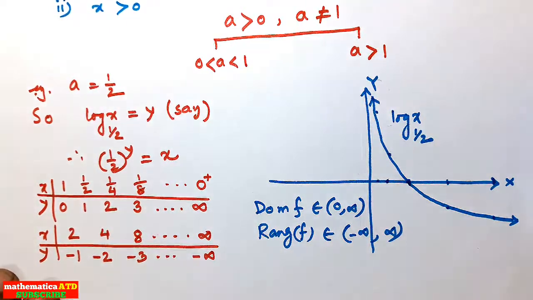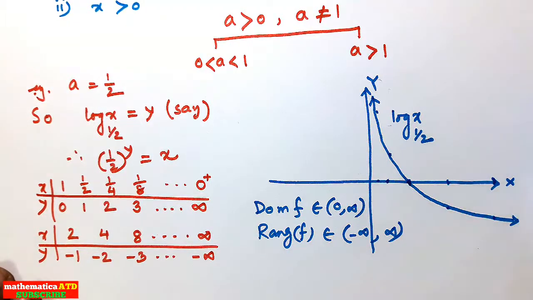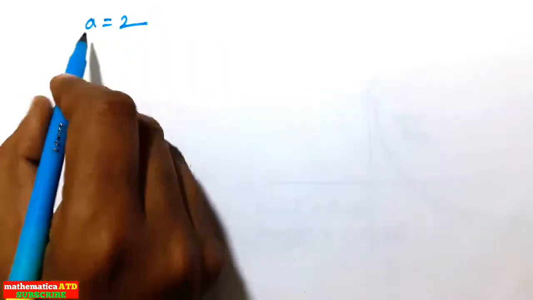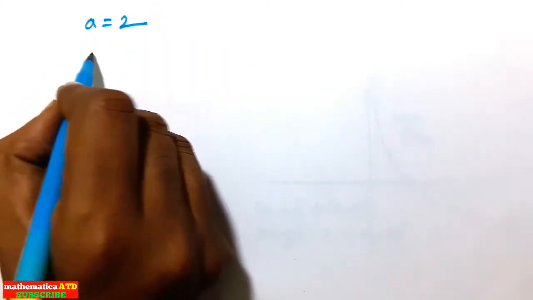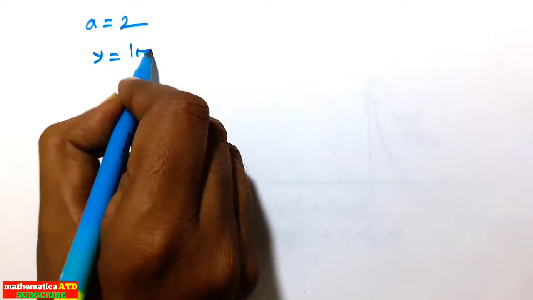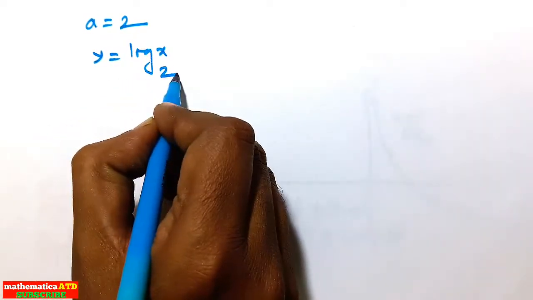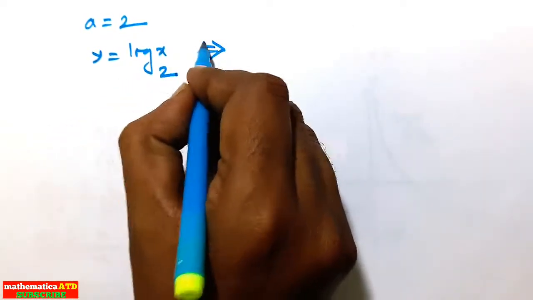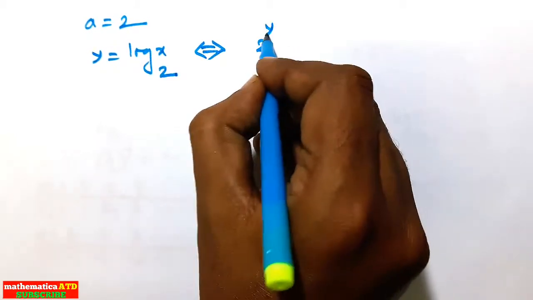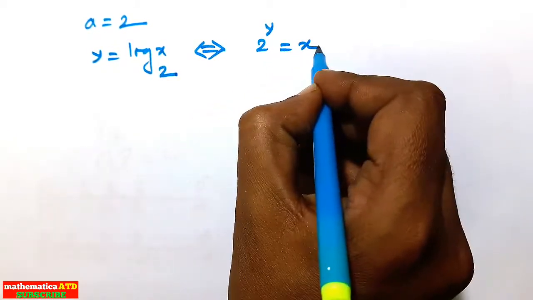Now what happens when a is equal to 2, that is, the base is more than 1. We take a is equal to 2, that means y is equal to log of x base 2. It is equivalent to 2 to the power y is equal to x.